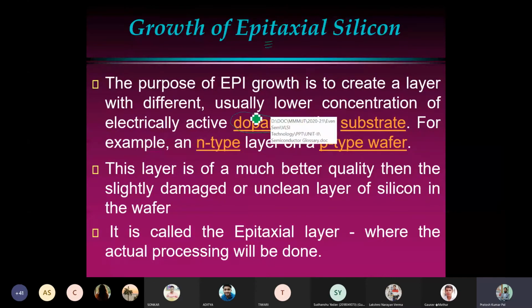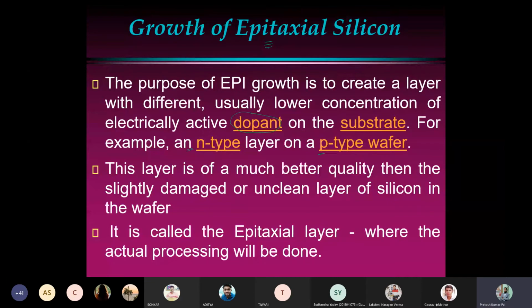So this substrate or the wafer itself will be going through the epitaxial process. Through that epitaxial process we will be obtaining N type or P type wafers. This layer is of a much better quality than the slightly damaged or unclean layer of silicon in the wafer.